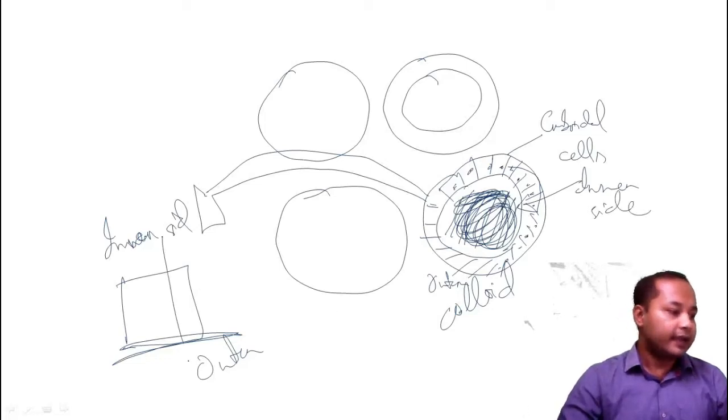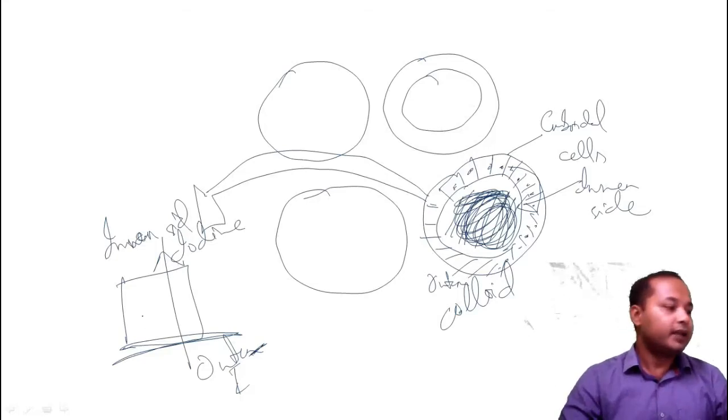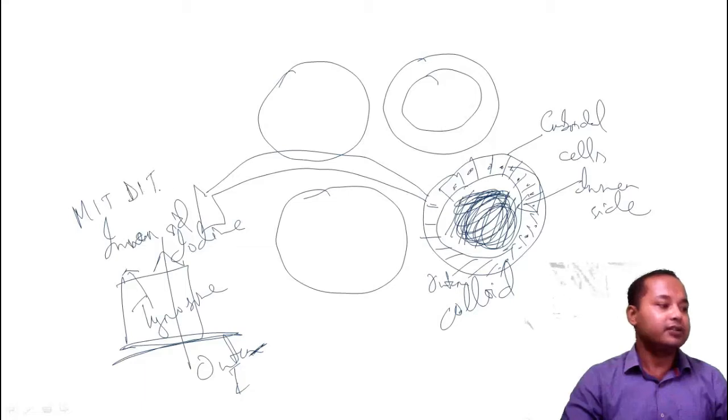In this, iodine is being trapped. Iodide form is trapped from outside, and iodine is released with the help of the peroxidase enzyme. And tyrosine, which is actually a protein moiety, is being trapped and taken inside the lumen, and is released as monoiodotyrosine and diiodotyrosine complexes.